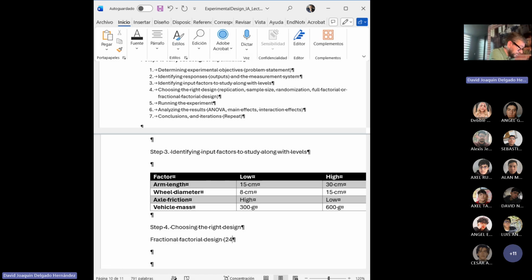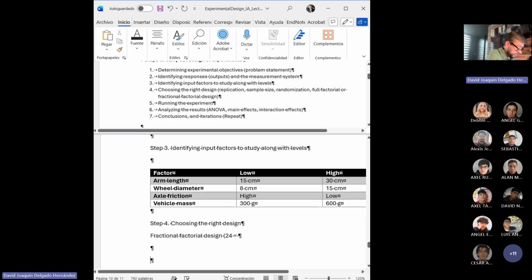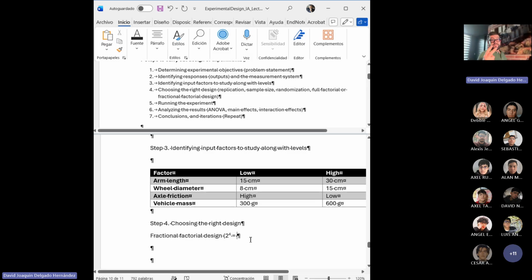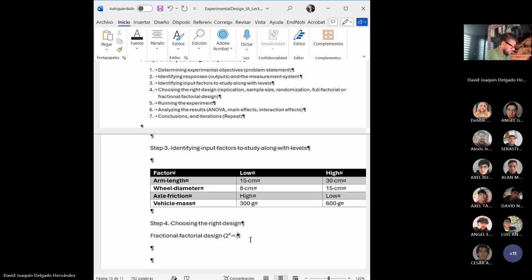So let me put this as an exponent. 2 to the 4 means 2 times 2, which is 4, times 2, which is 8, times 2, which is 16. That will be 16 different combinations, okay? From low, low, low, low until high, high, high, high. That will be the total number of combinations.